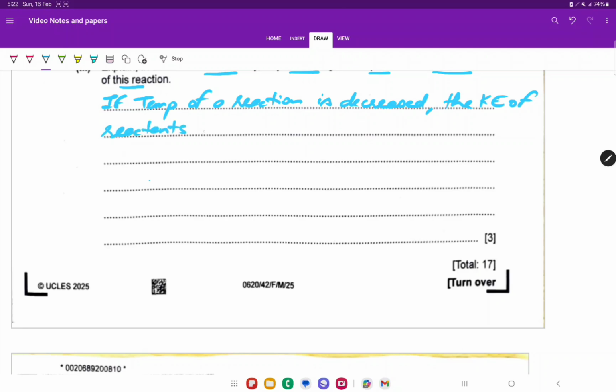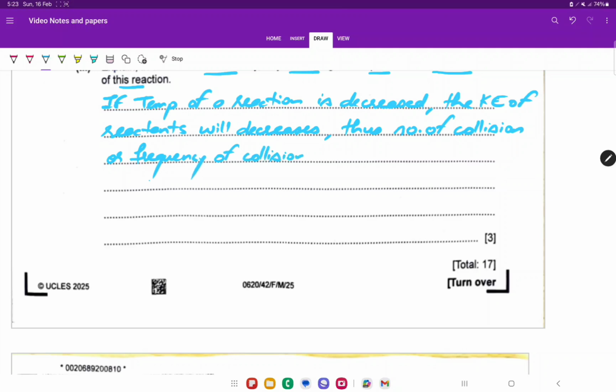When the kinetic energy of reactants decreases, there will be less number of collisions. Thus, number of collisions per unit time, which is called frequency of collisions, will decrease.